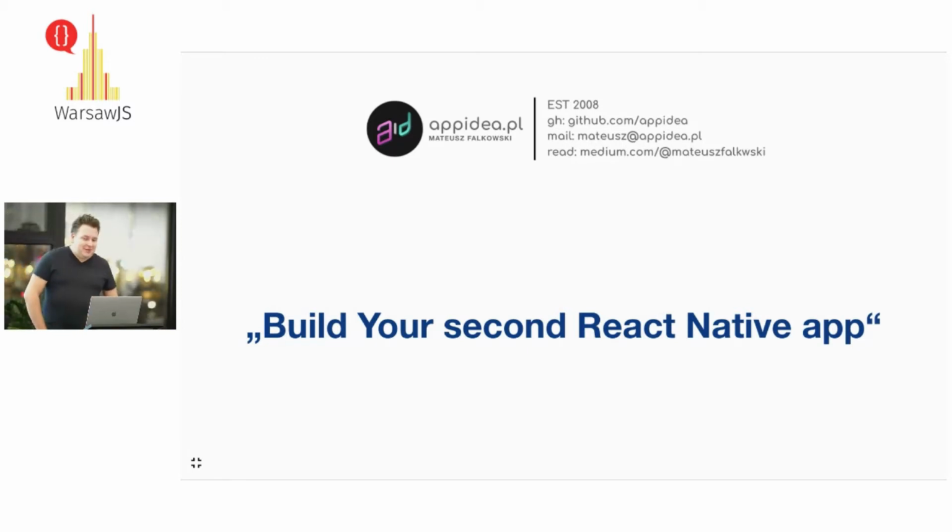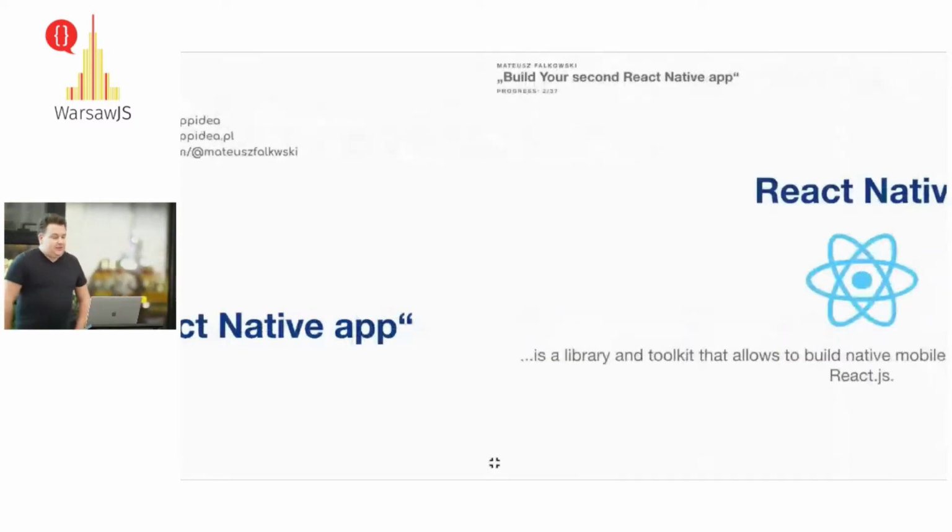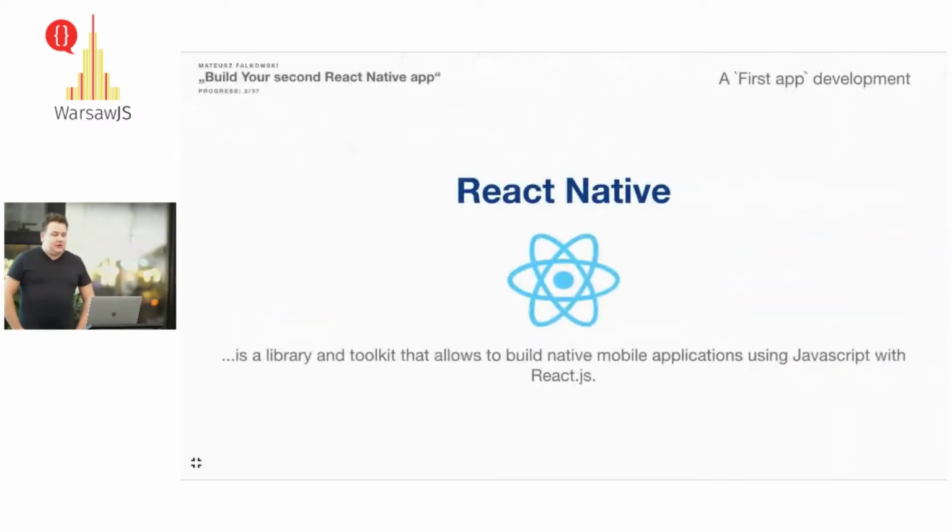Okay, so I will briefly explain that React Native is a library for creating mobile applications in a reactive way using JavaScript and React.js. And it's not another hybrid application engine because it's not engaging WebView as a core component.